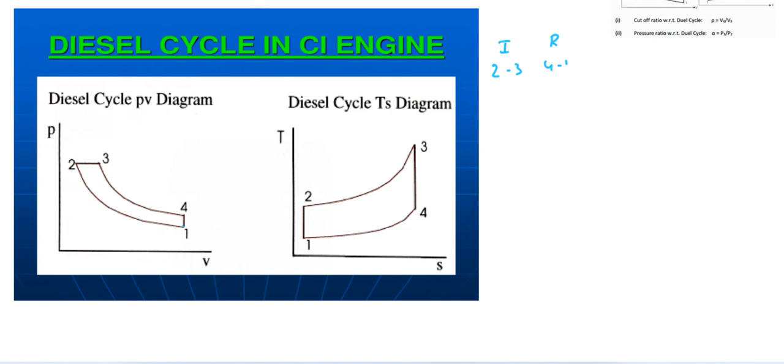We all know that the efficiency of a diesel cycle or any cycle equals output power by input power, right? What is output power? Let us assume you are injecting Q1 heat. Output power by input power. What is output power?